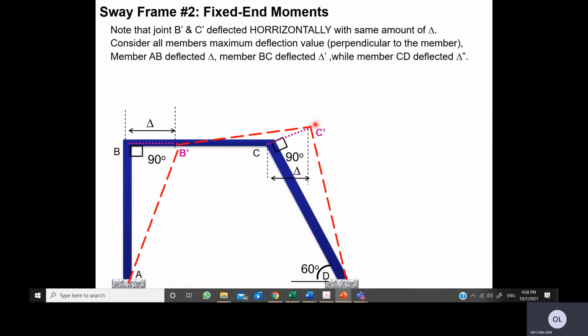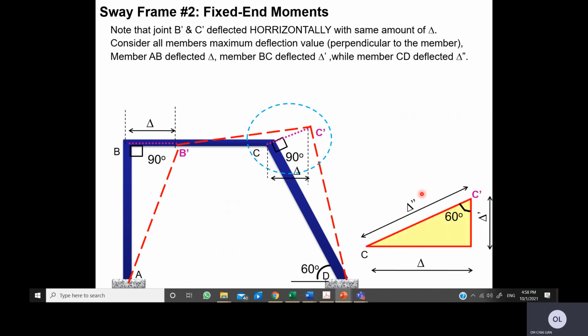So probably you can guess now what the deflection value for C to C prime is. If I circle here, you can see that C to C prime here is delta double prime, and we already know that the horizontal deflection is termed delta.